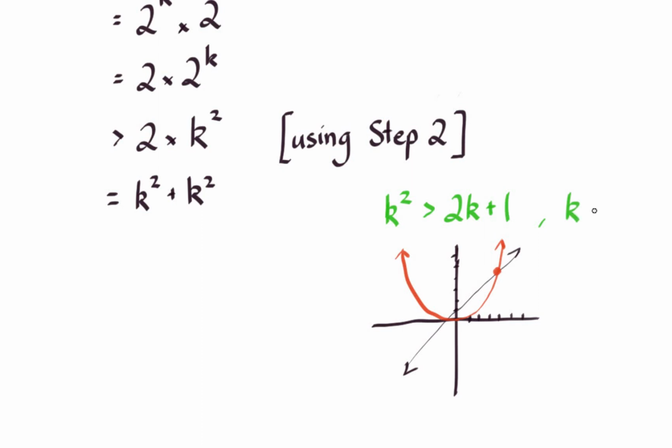And then we can think back to the start of our question all up, is that our n or our k values have to be greater than or equal to 5. So if we've just seen that at 3, it's definitely true. So when k equals 3, we get 9 is greater than 7. That's true.